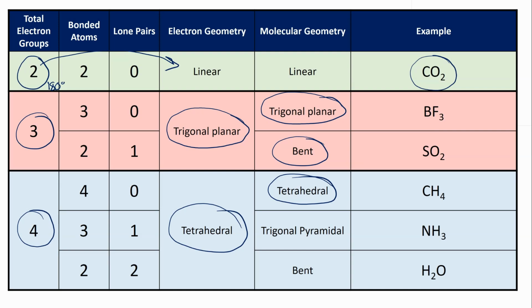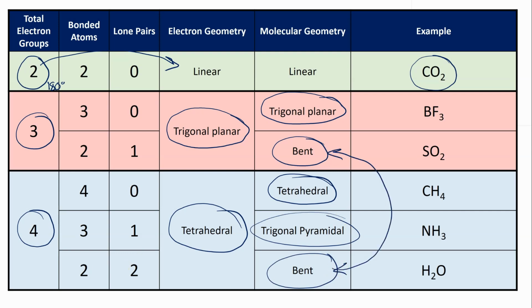Okay, and it's going to be what we would call trigonal pyramidal. We've replaced one of those bonds with a lone pair. That central atom is slightly out of plane for the 3 hydrogen atoms, slightly raised above it, so it forms a little pyramid. And water is the classic for if there's 2 lone pairs and 2 bonded atoms, we're going to call it bent.